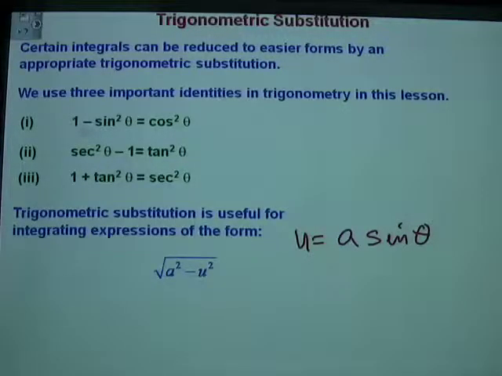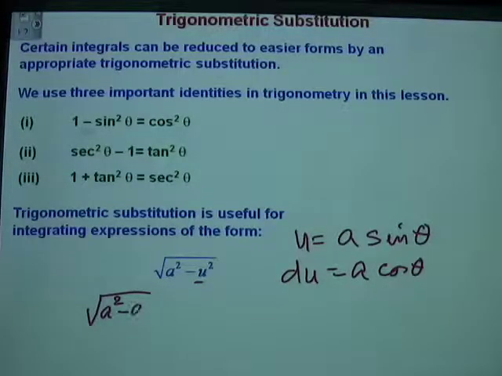What is du equal to? du equal to a cos theta. Is that right? When you replace your u by a sine theta, what will u squared be? The quantity a squared minus u squared becomes a squared minus a squared sine squared theta.